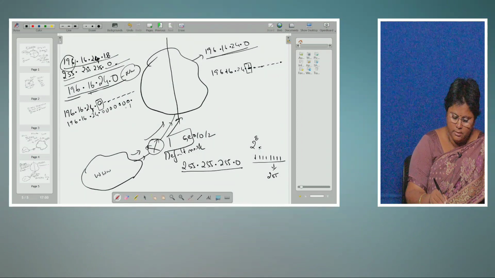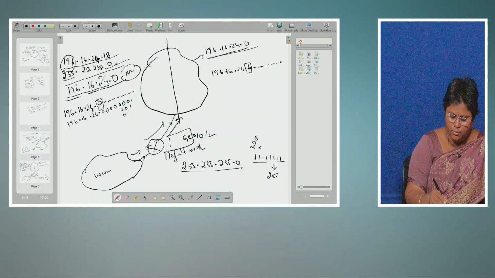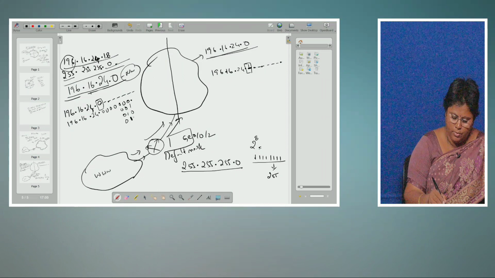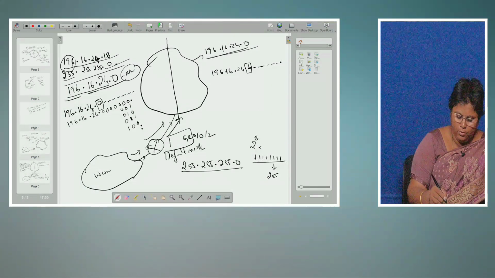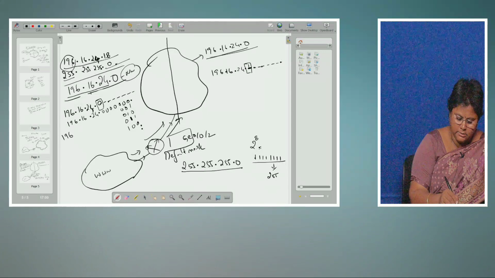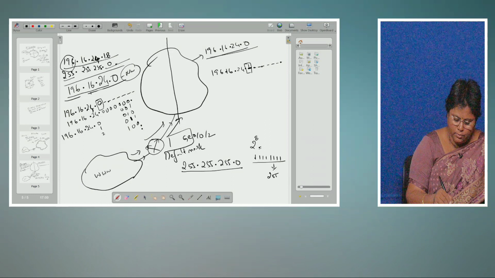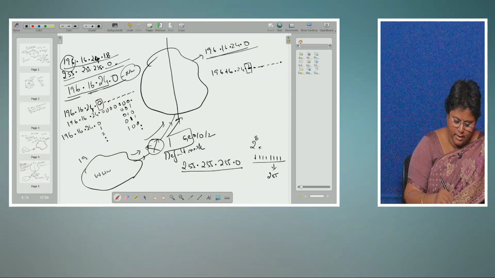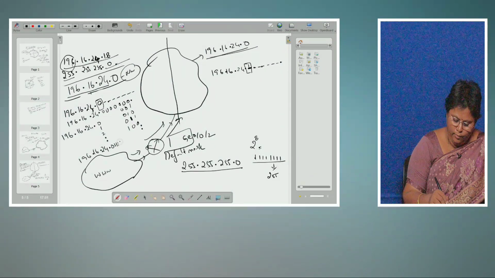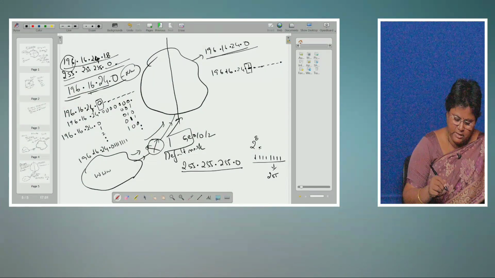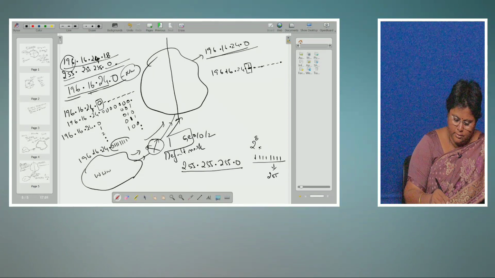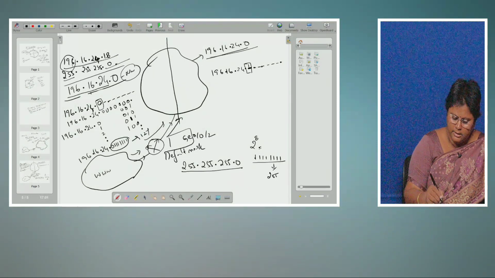Then it will come 0 0 0 0 0 0 1, then 0 1 0, then 0 1 1, then 1 0 0, and it goes on like that. So the addresses go from 196.16.24.0, 1, 2 and on up to the last one with all ones in the remaining 7 bits, and this number is 127.